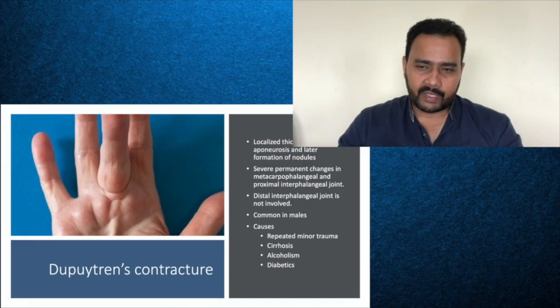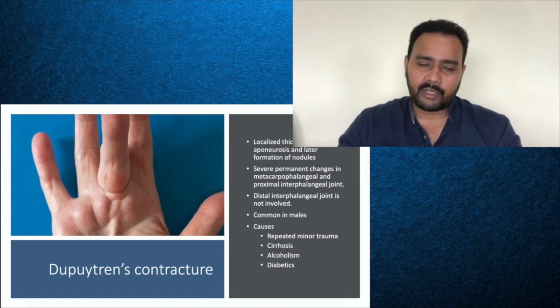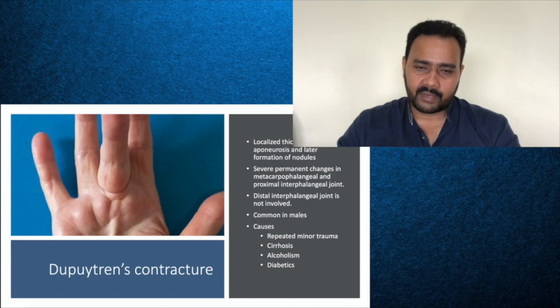Sometimes there can be a localized thickening of the palmar aponeurosis, which causes thread-like strands, and sometimes it forms a nodule. This condition is called Dupuytren's contracture. It will affect the metacarpophalangeal joint as well as the proximal interphalangeal joint.